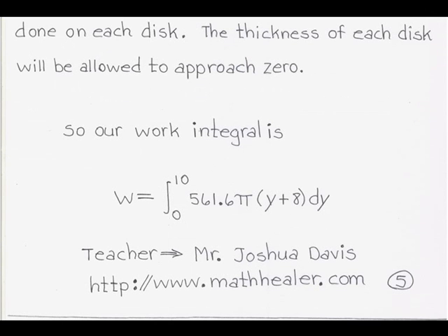So our work integral now becomes W equals the integral from 0 to 10 of 561.6 times pi times y plus 8 dy. And notice this goes from 0, the bottom of the cylindrical tank, up to its top. And this also covers the additional 8 feet that water will have to travel. So this is where the plus 8 comes into play. So that's taken care of here in this expression.